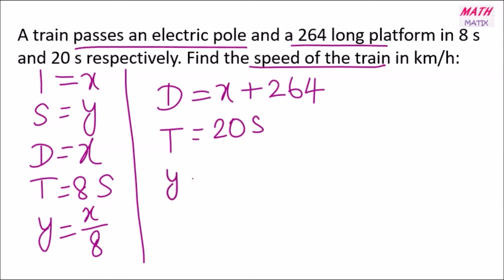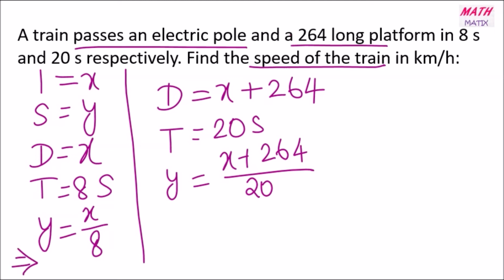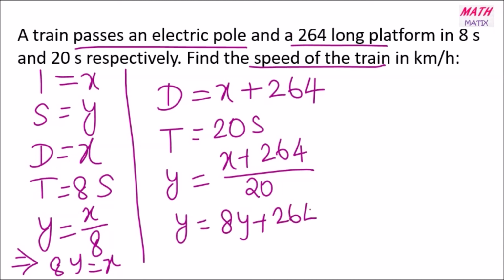Here y equal to d by t, that is x plus 264 divided by 20. From this we can write 8y equal to x. Instead of x, we can substitute 8y. So y equal to 8y plus 264 divided by 20. Let's simplify this.